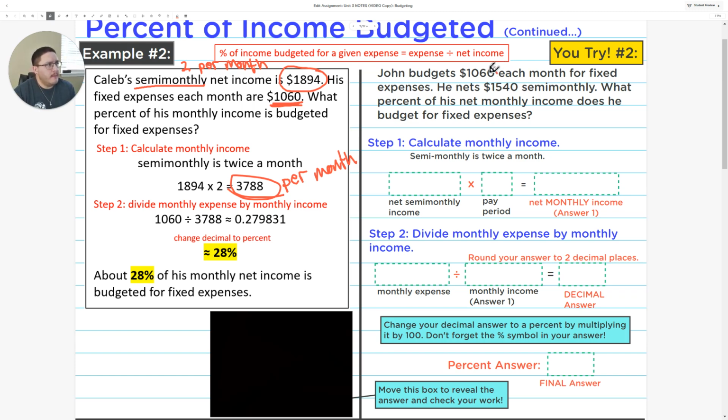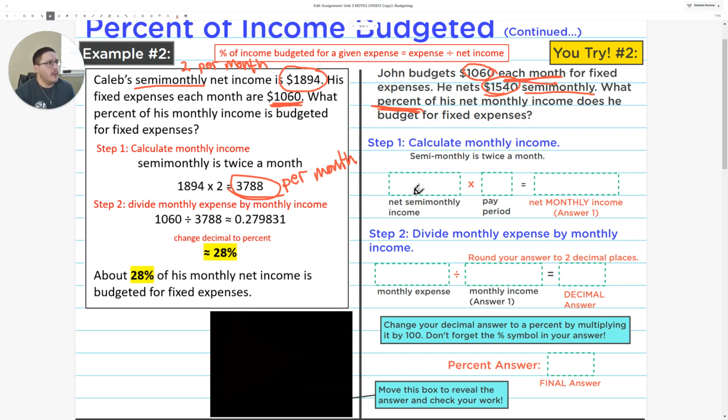John budgets $1,060 each month for fixed expenses. He nets $1,540 semi-monthly. First step, before we figure out the percent of his net monthly income, we need to calculate the monthly income. We know semi-monthly means twice per month.